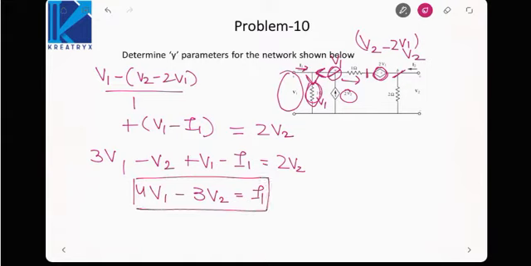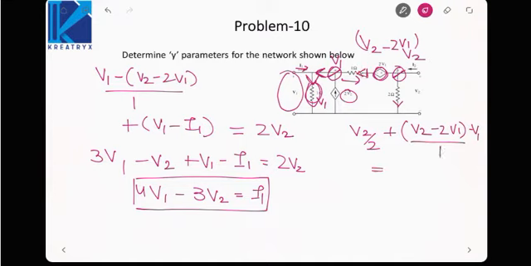Now we need the equation for I2. Now let us apply KCL at node B. So the outgoing current will be V2 by 2, that is in this resistor. The outgoing current here will be (V2 minus 2V1 minus V1) divided by 1 ohm, that is current like this.